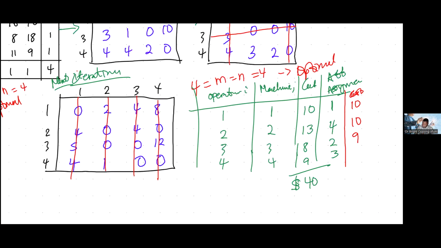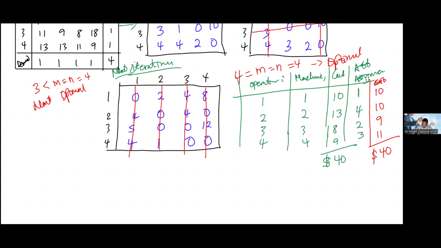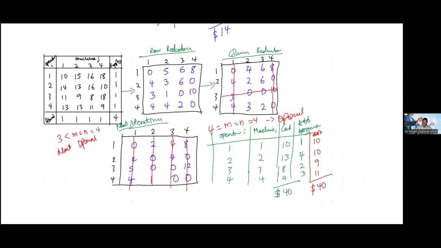Again, if you sum this, you should get 40. Yes. And that means that we have still achieved an optimal solution. All right. So in this case, you would realize that the solution actually has optimal solutions, right? So we have multiple solutions here, right?